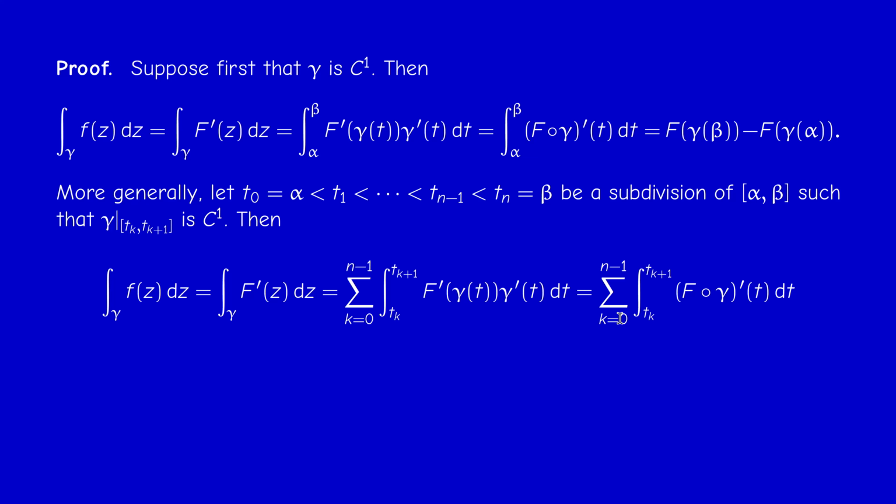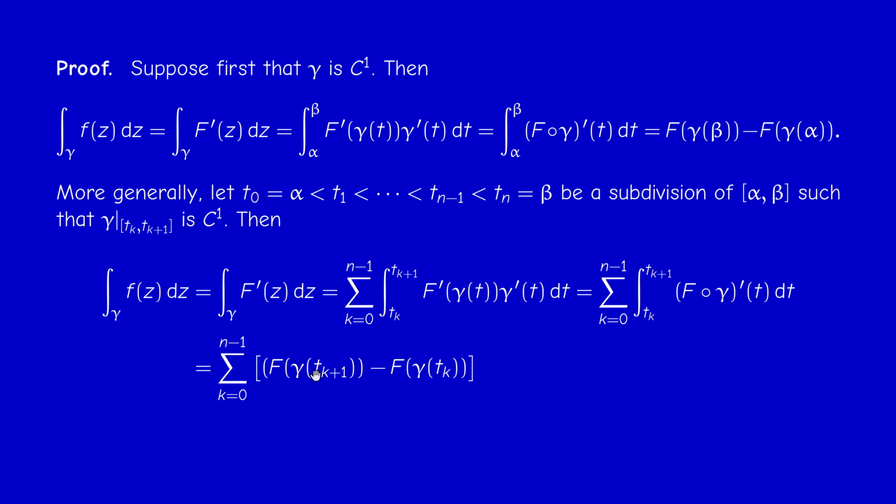I get by the chain rule a total derivative, and each integral is the difference of F of gamma between the endpoints t_k and t_{k+1}. And now if you do that, you will see simplification. So for example, you get F of gamma t1 minus F of gamma t0, which is alpha.